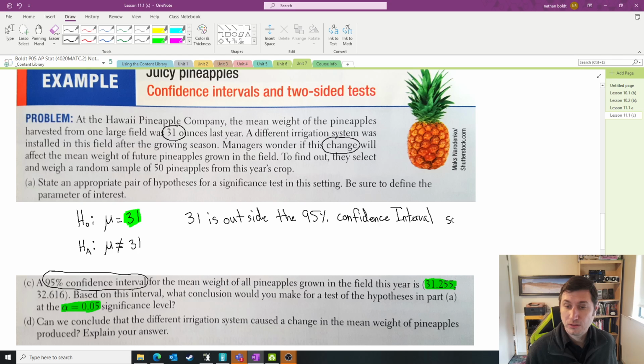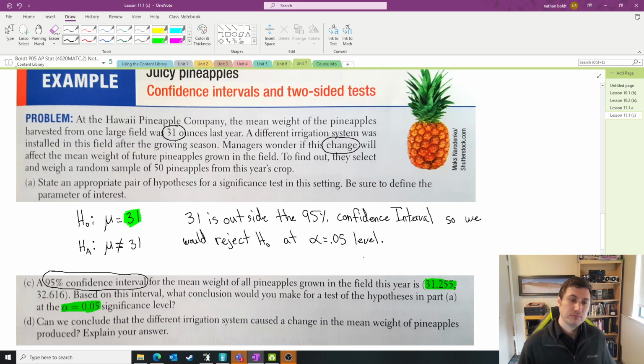So we would reject the null at the alpha 5% level. It's outside the interval.